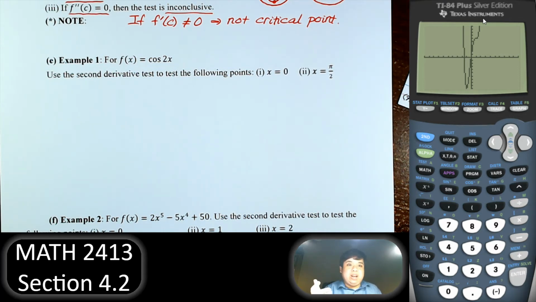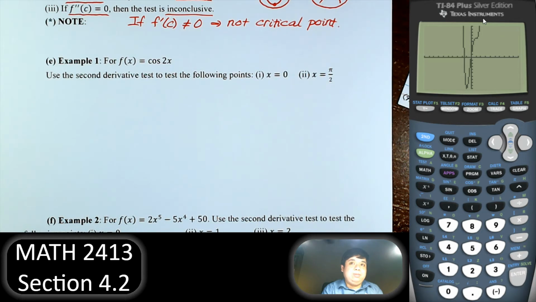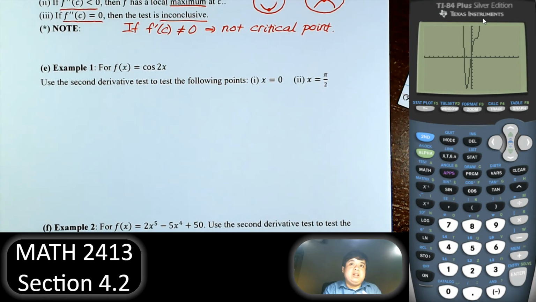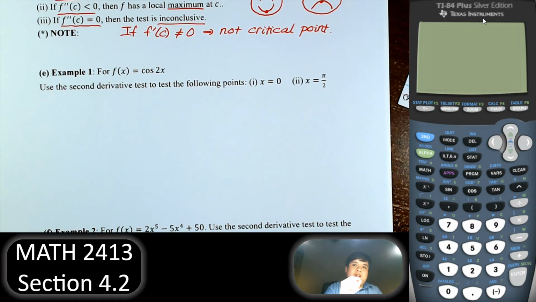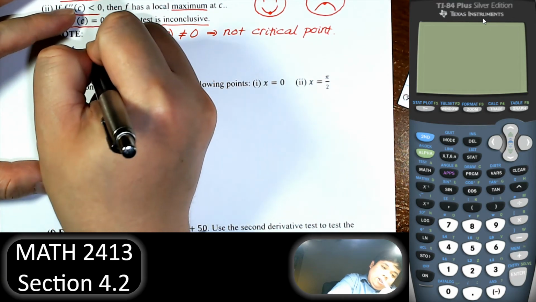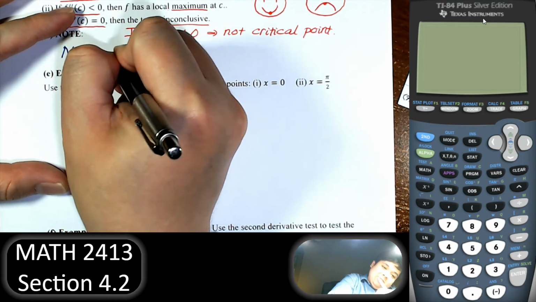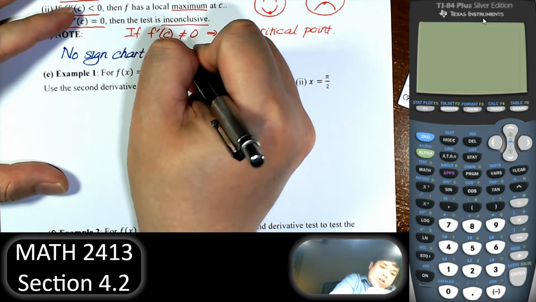So what is the advantage? The advantage here is we don't even need to do the sign chart. Right? The nice thing about this is we just test at the point, so no sign chart is needed. That is the huge advantage here.